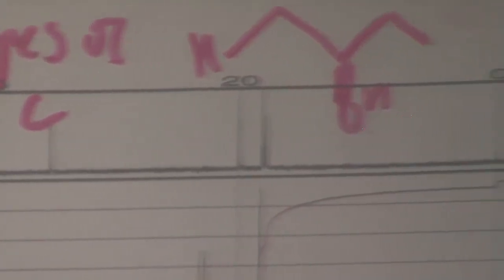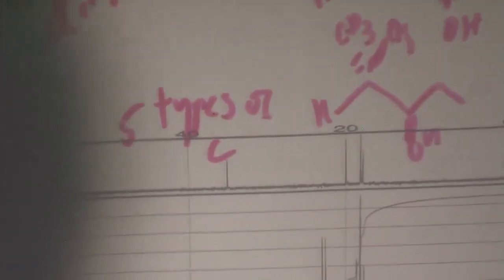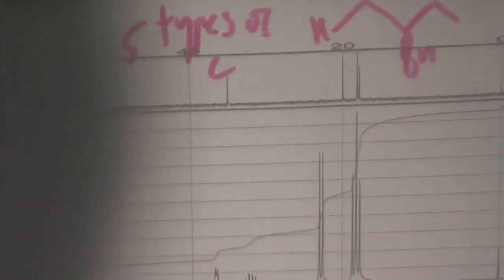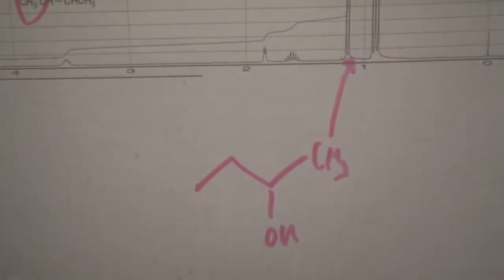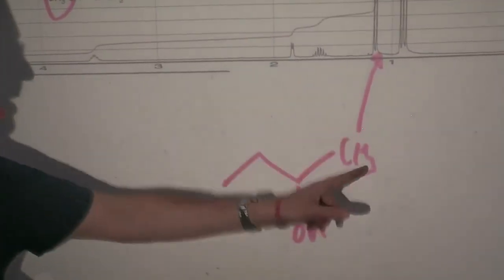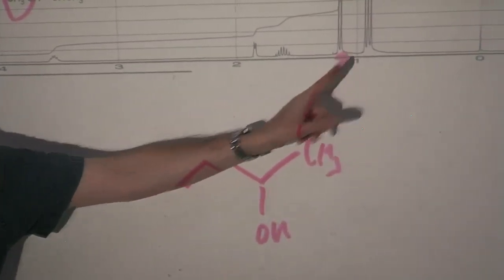If you look at the Proton NMR, it's a little confusing at first until you think about what's going on. It's not hard to realize that this methyl group that's beta to an oxygen gives rise to this doublet.